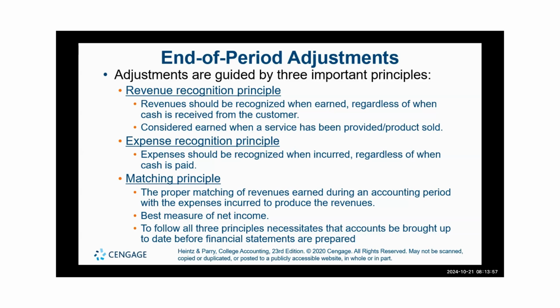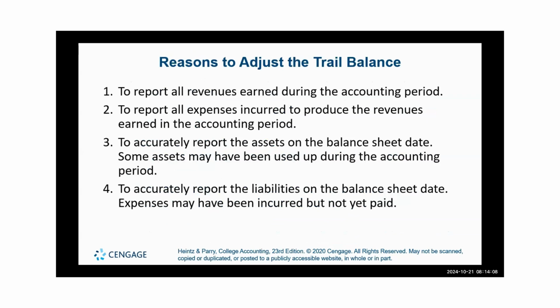The matching principle is the proper matching of revenues earned during the accounting period with the expenses incurred to produce the revenues. This is our best measure of our net income. So why do we adjust the trial balance? Well, we have to report all revenues that are earned during the accounting period. We have to report all of our expenses.